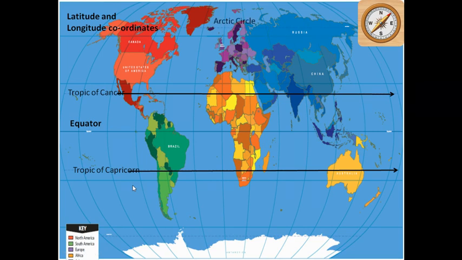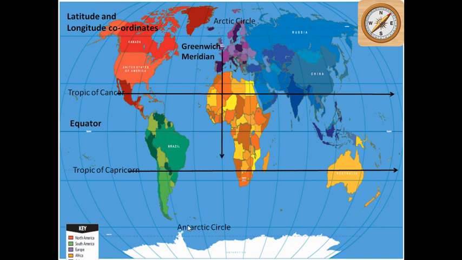Now, the next important line of latitude is the Arctic Circle, which is this dotted line up here. And there is an equivalent circle down here, which, call out the name. Okay, well done. That's the Antarctic Circle. Right. So then we have the lines of longitude, which, as you know, were invented in Greenwich in London.